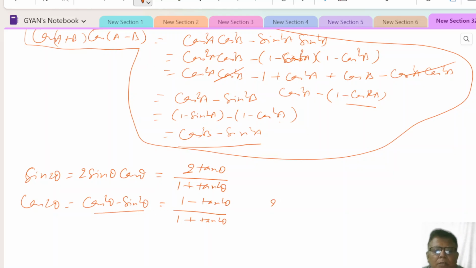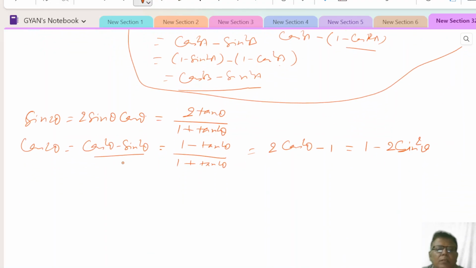Here also you can write 2 cos square theta minus 1, or also write 1 minus 2 sin square theta. So this also you can write: 2 cos square theta is equal to 1 plus cos 2 theta, and 2 sin square theta is equal to 1 minus cos 2 theta.